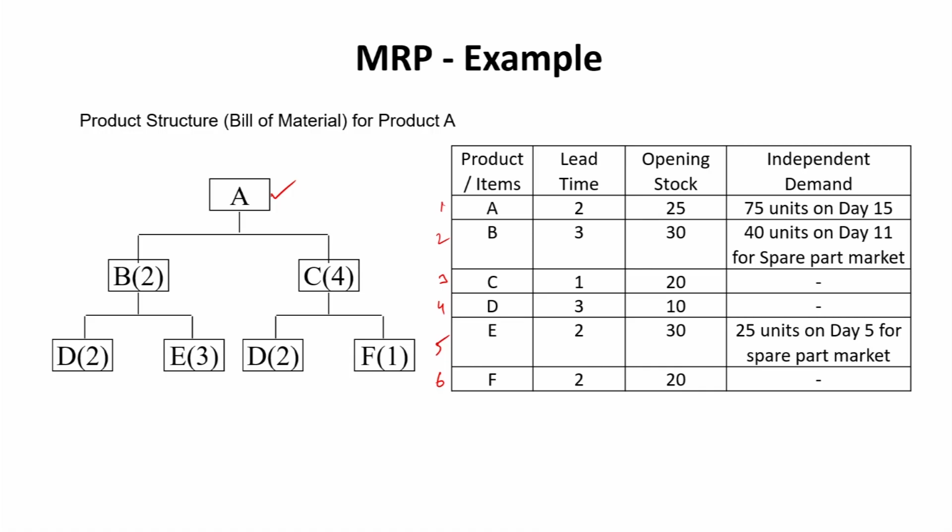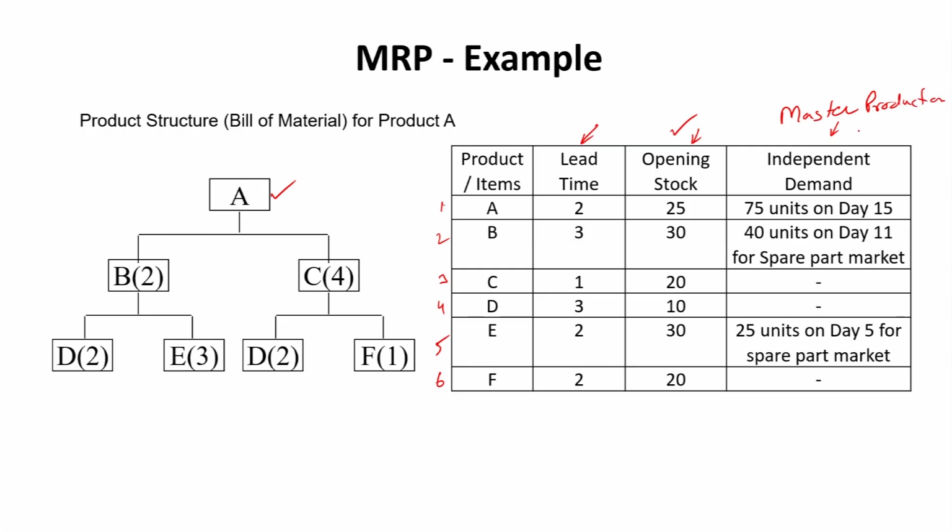and this is our inventory status file. This is the inventory status, how much inventory we are having of different products as opening stock. And then we have also written here the lead time data, and the demand of the product. This is nothing but the master production schedule.